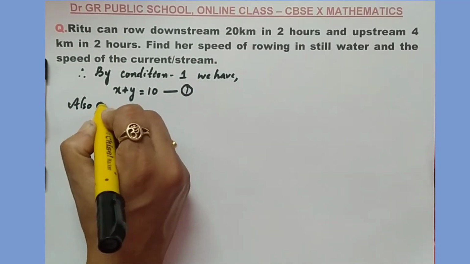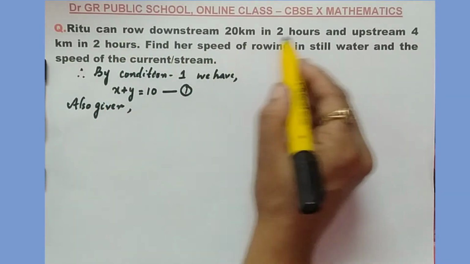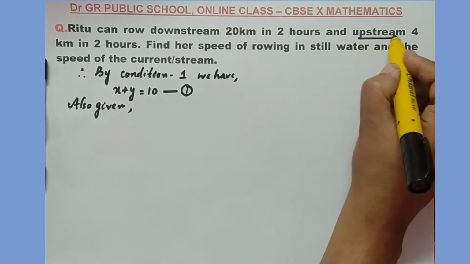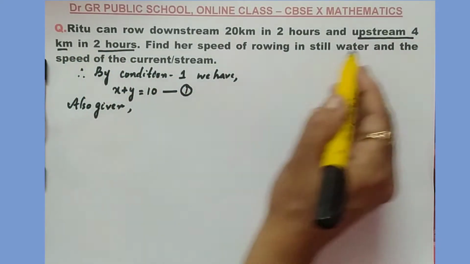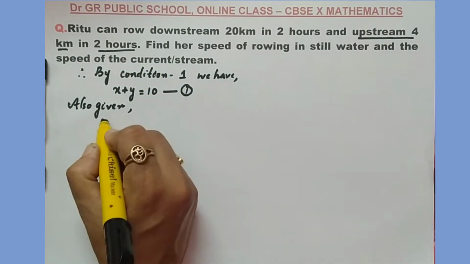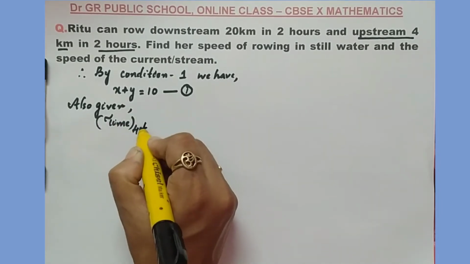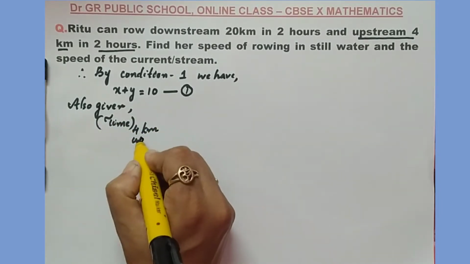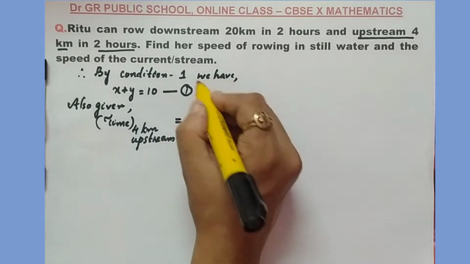Also given that Ritu can row upstream 4 km in 2 hours. That means the time for 4 kilometers upstream is given to us as 2 hours.